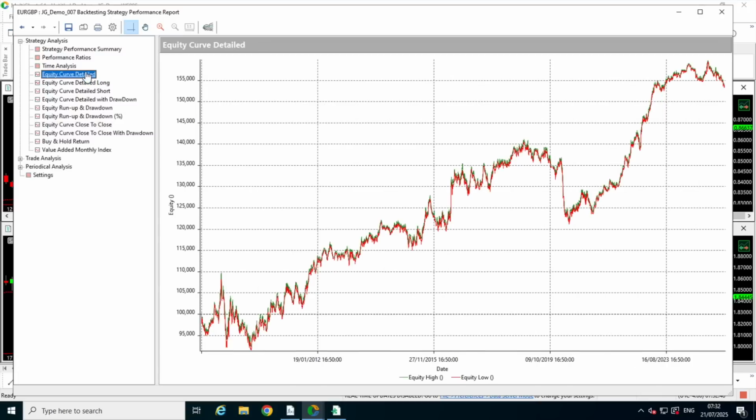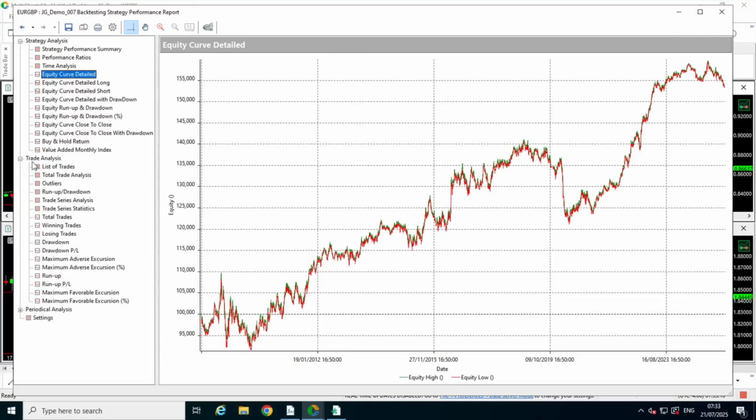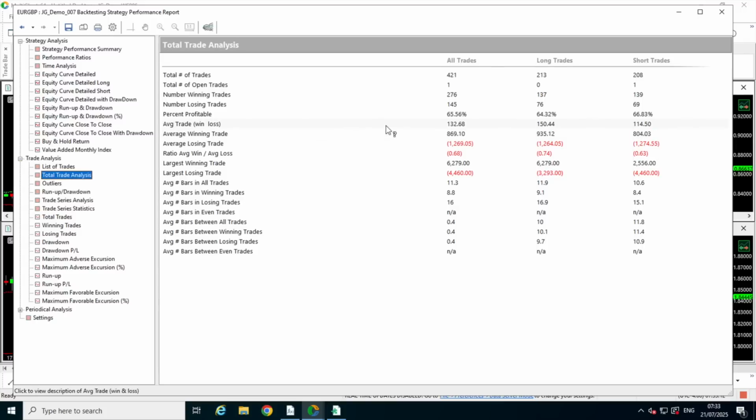In fact, if we go to the detailed, remember before we had data up until January 2023, which is around about here on the chart. So everything from here to the right is the out of sample data. Average trade value is very similar, it's gone up a tiny bit. Percent profitable, about the same.